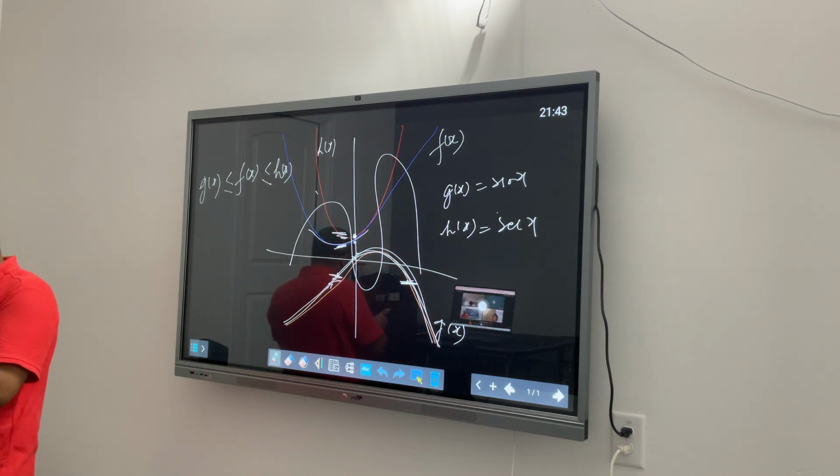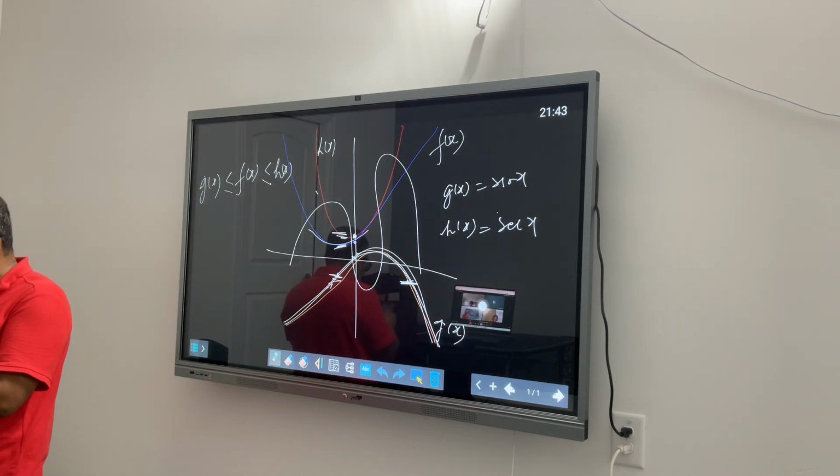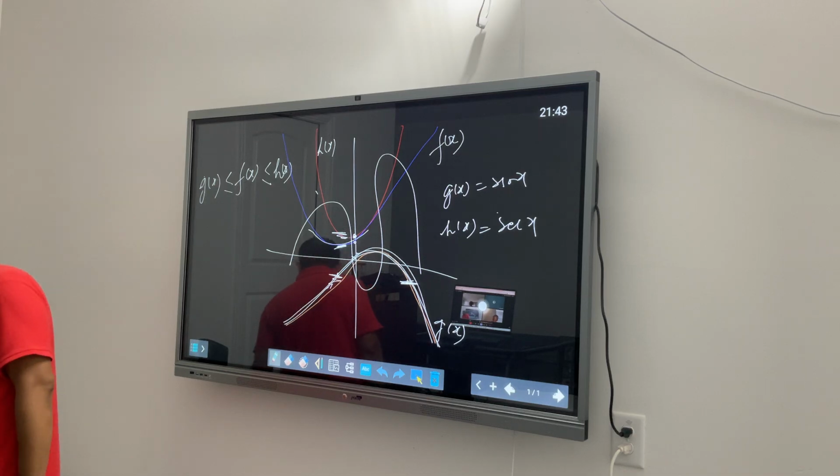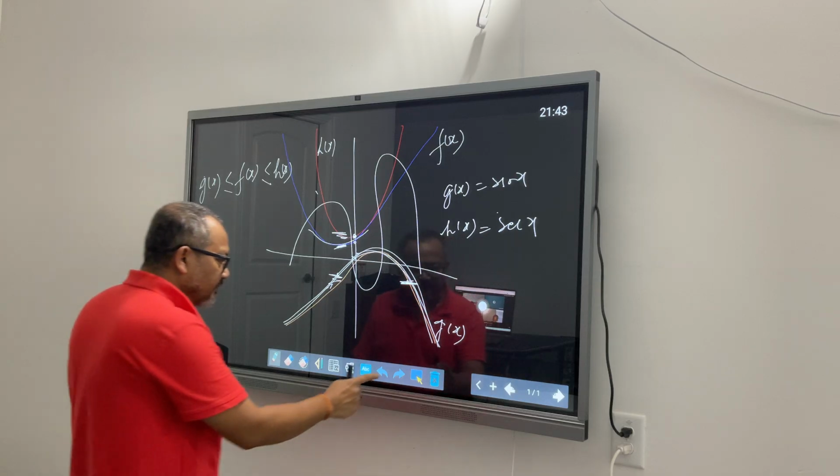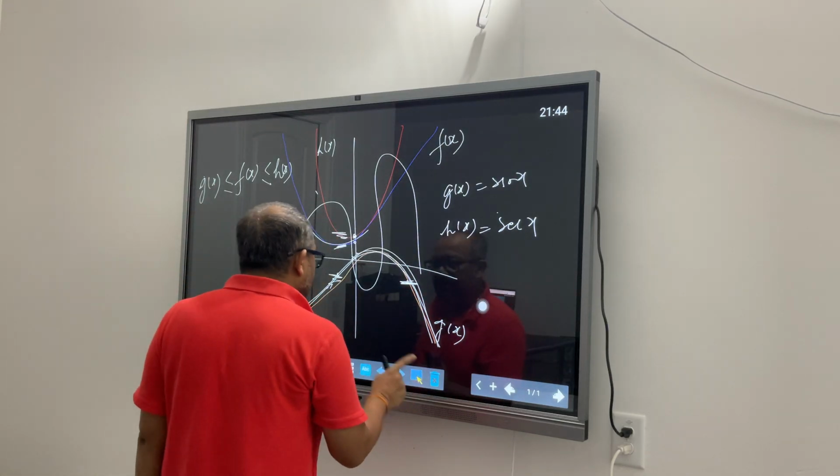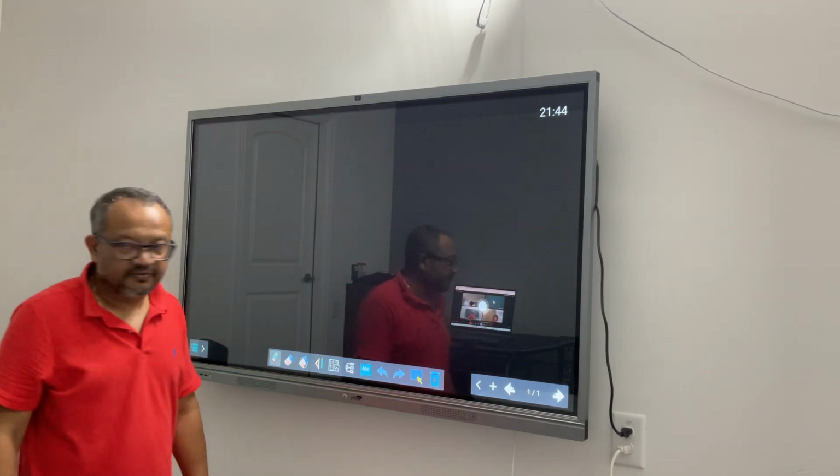So let's look at some interesting problem, and we will try to find the limit of something by exploiting a lot of concepts that we have learned before.